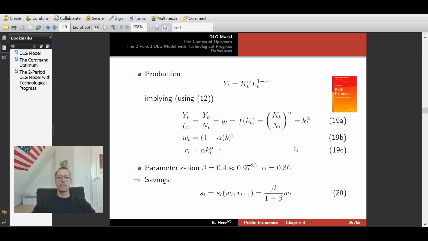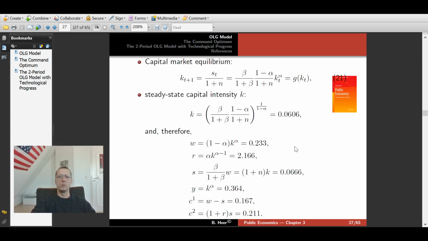And we take the case of a production function that is a Cobb-Douglas function, where alpha is the production elasticity of capital, 1 minus alpha is the production elasticity of labor, or equally the wage share, and alpha the interest rate share in total production. And we will derive the savings function, equation 20, and we will derive the capital market dynamics, our aggregate capital stock dynamics g(k_t), and the steady state.